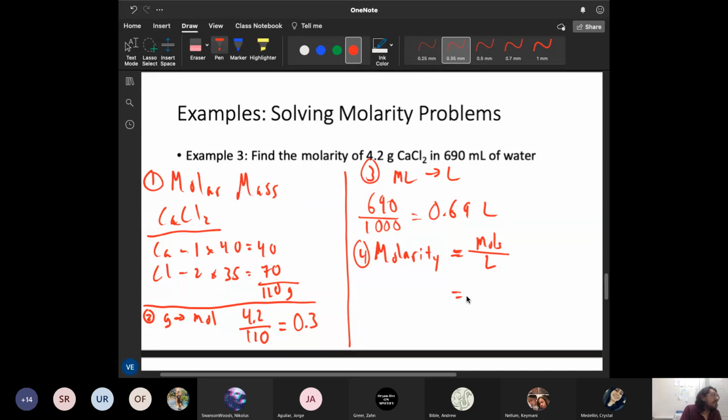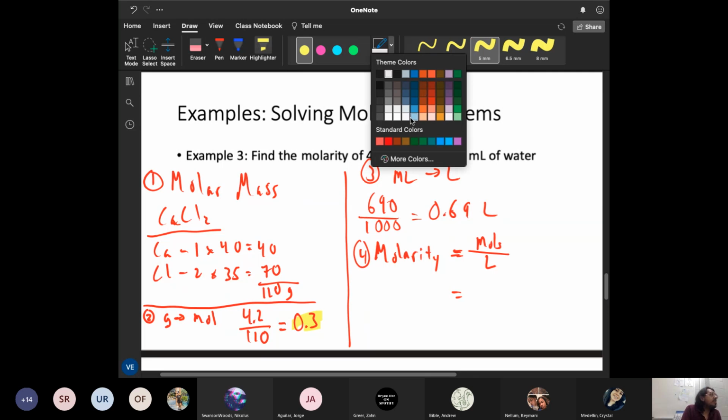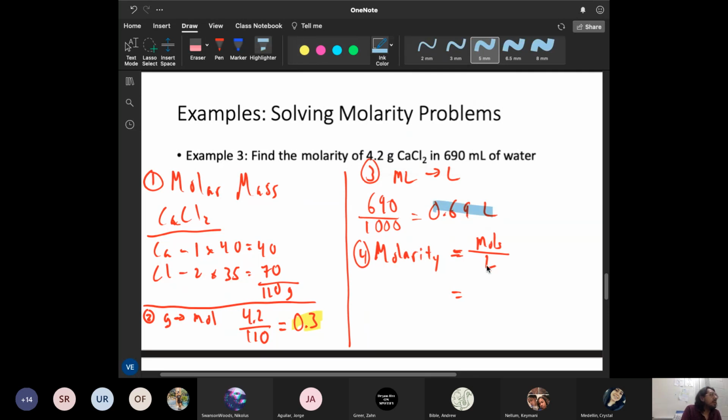And so we take our moles from over here and our liters from over here, and this we divide by, okay? Actually, I'll make a different color so you can tell where it came from. I'll use a light blue, and I'll make that yellow. So there we go.